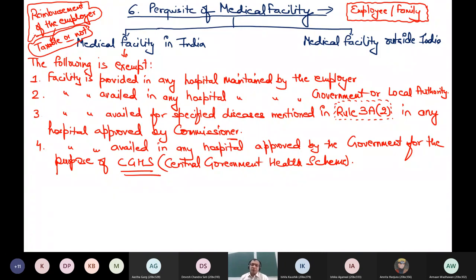Facility is availed in any hospital approved by the government for the purpose of CGHS, Central Government Health Scheme. Now, if your parents are in government job, you can ask from them, then what is this CGHS?